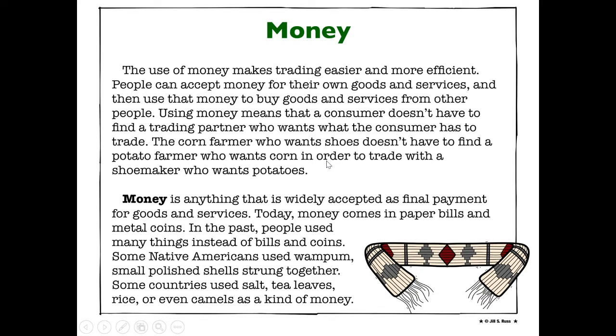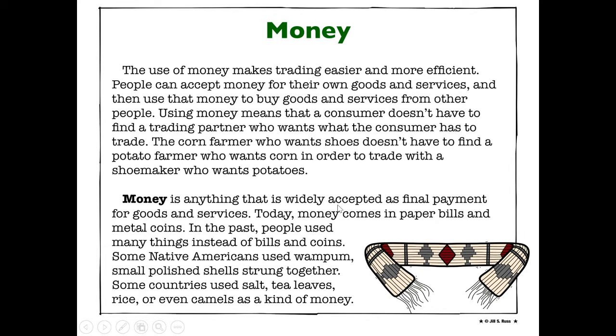So if you remember our bartering and trading lesson, we talked all about the corn farmer needing shoes, but the shoemaker wanted potatoes. So the corn farmer had to find someone who was a potato farmer who wanted corn to trade and then go back. It was a big mess. With money, basically, the corn farmer sells his corn, he earns money, he goes to the shoemaker and pays him with money.